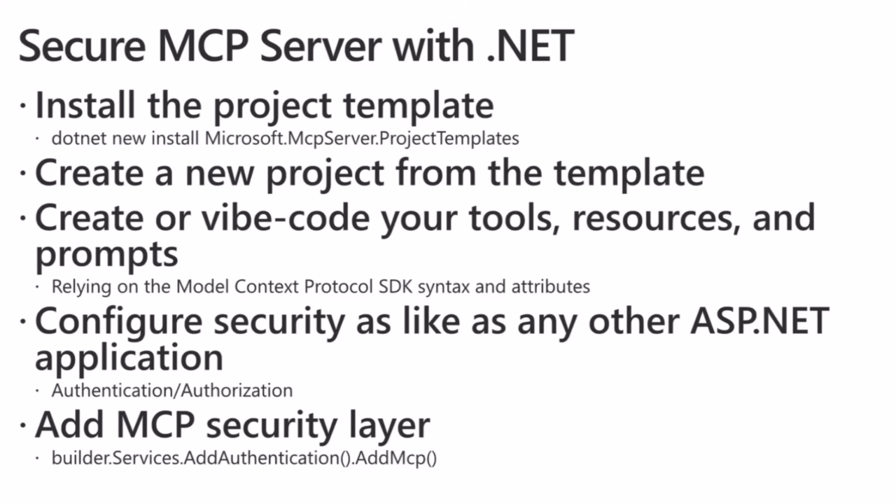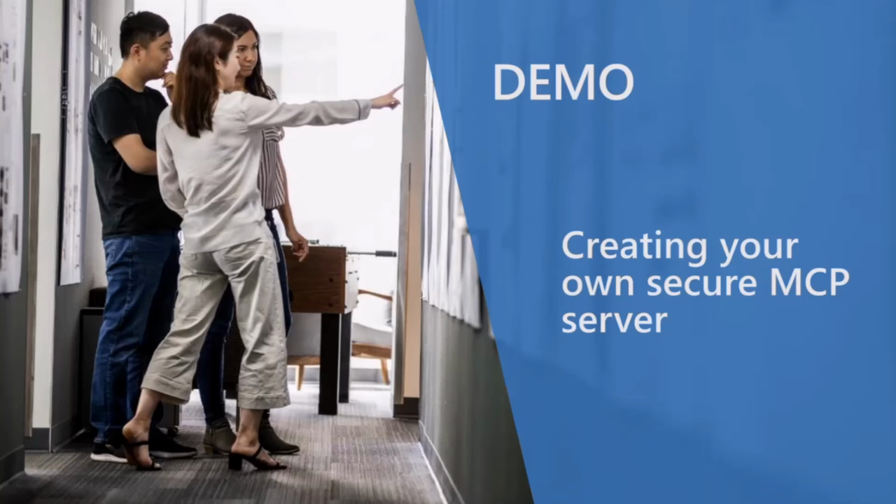You can use the authentication and authorization of Entra ID. Plus, if you want to have the dynamic discovery of your MCP server, you can add the support for MCP discovery through an extension method still provided by the SDK and by the infrastructure of the project template, as I will show you shortly in the demo. Actually, now in the demo.